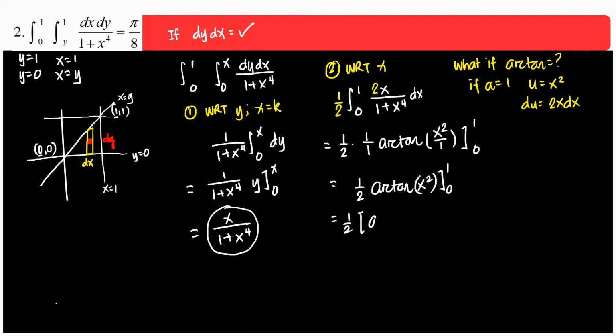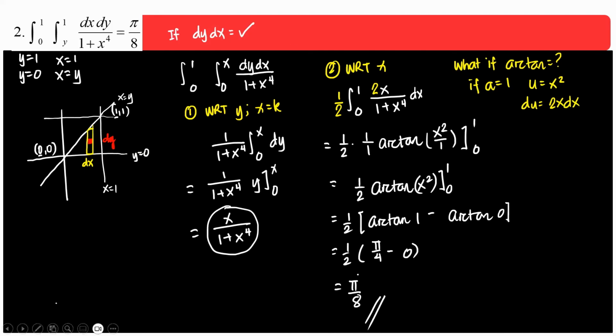Let's bring out the 1 half. It's going to be arctangent of 1 minus arctangent of 0. This is pi over 4 minus 0. So all in all, you'll be able to get pi over 8 as your final answer. And that's the answer on top here. It's pi over 8.